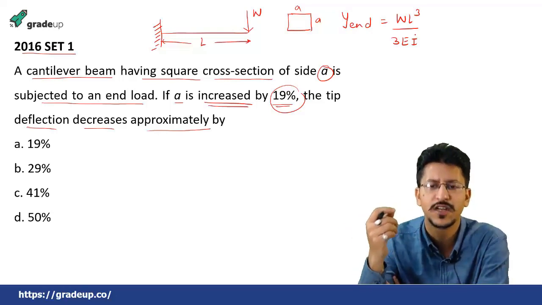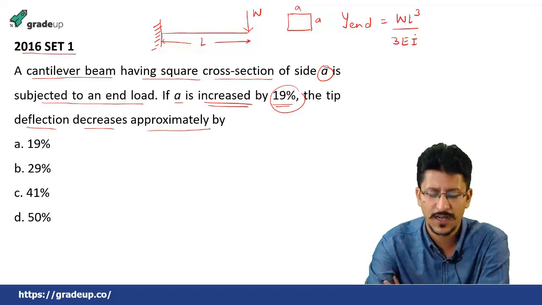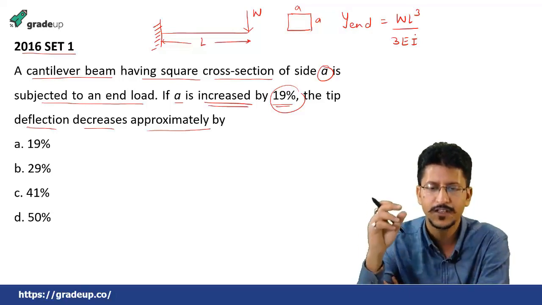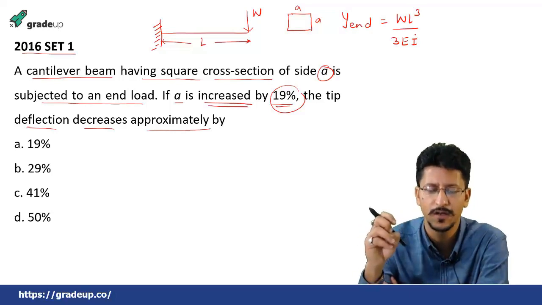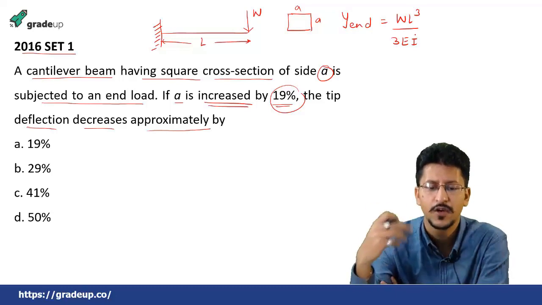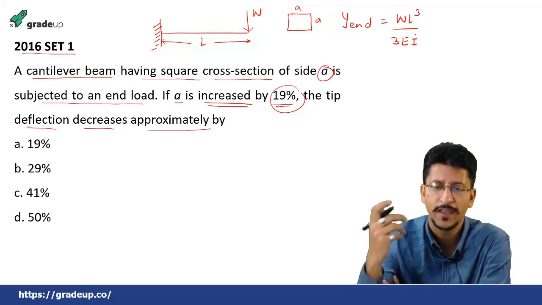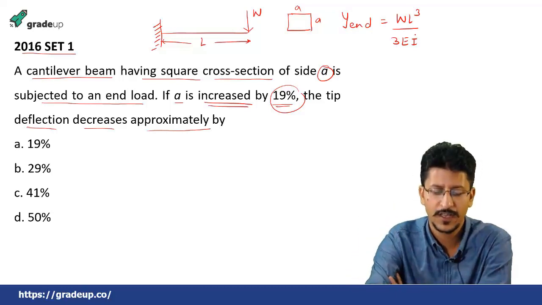Why? Because now you can see that the questions are coming directly on these. You just have to remember these expressions, and then you can do the questions very fast. So WL cube by 3EI is the expression for this.